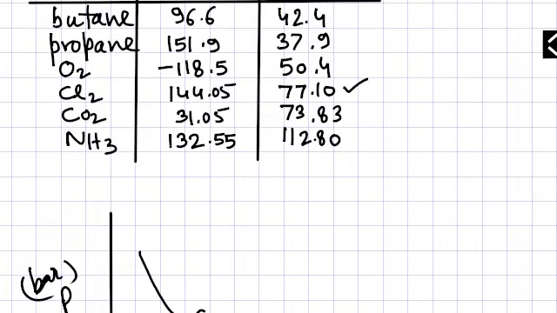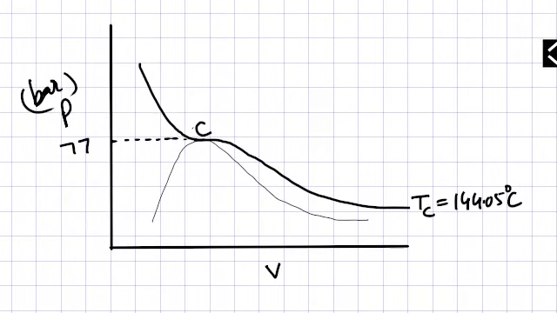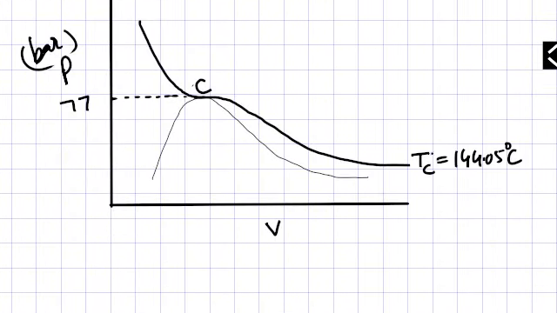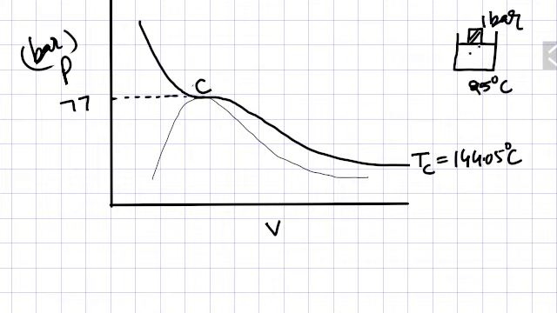So now you can understand what I want to say. Suppose you are at room temperature, and the temperature of the room is, say, 25 degrees centigrade, and at this temperature you have your gas at 1 bar. So you can represent your chlorine gas this way.